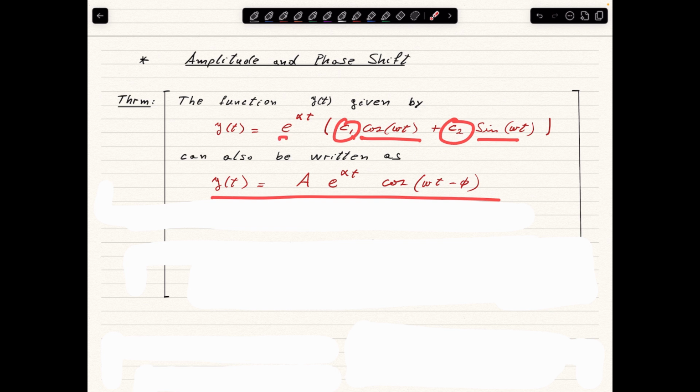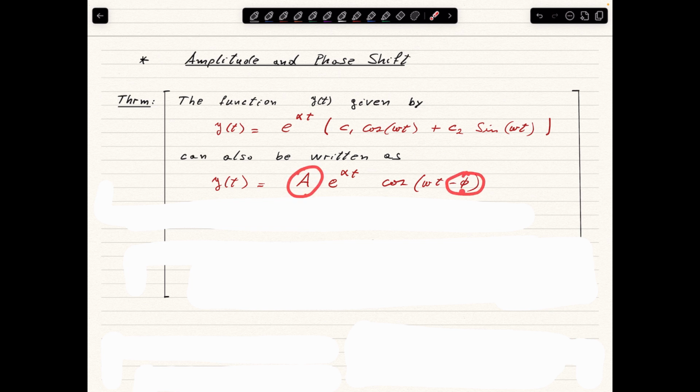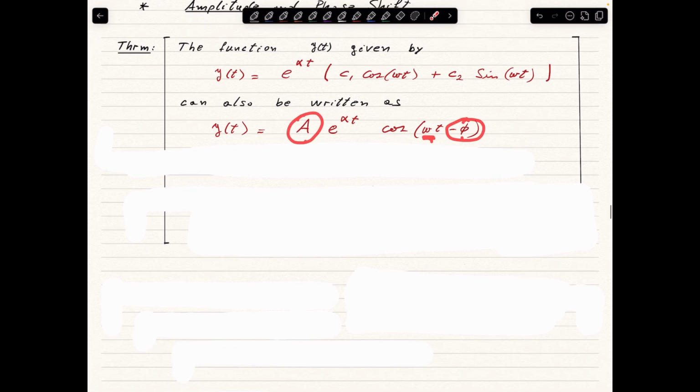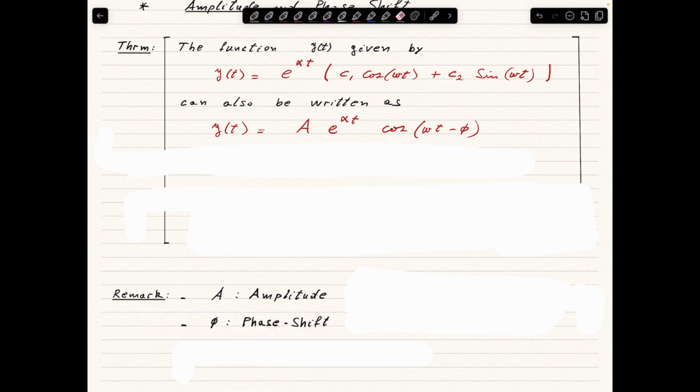and then the exponential. Here we have the same exponential, but we have only one cosine, and instead of C1 and C2 and the sine and the cosine, we have a number in the front, and this number here that we are subtracting from the frequency times t. The A is called the amplitude, and phi is called the phase shift.